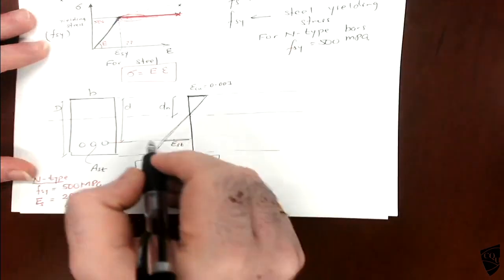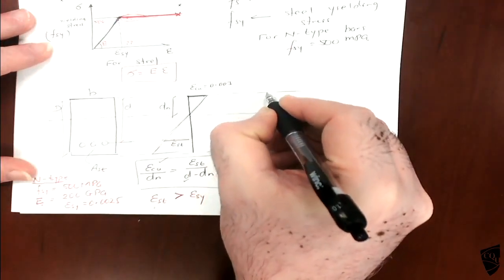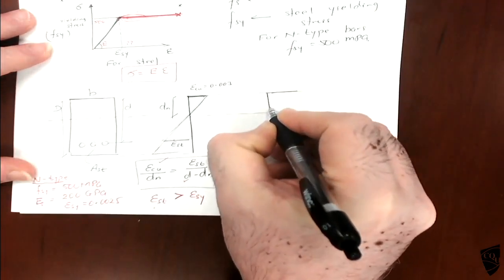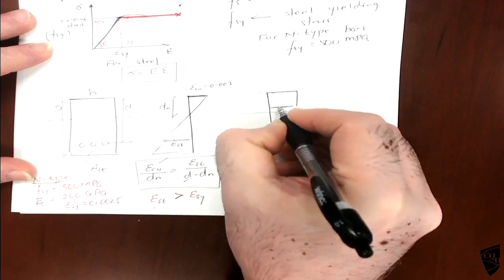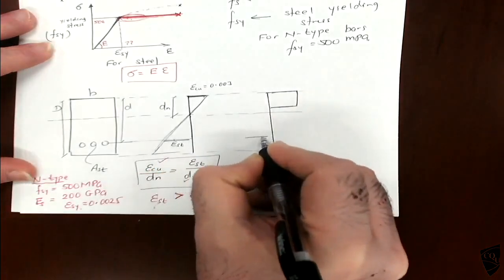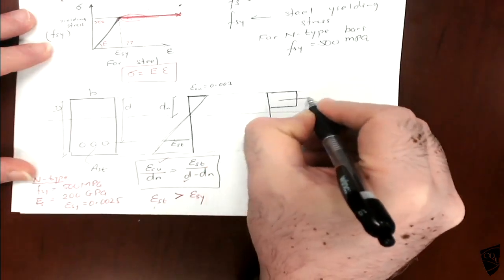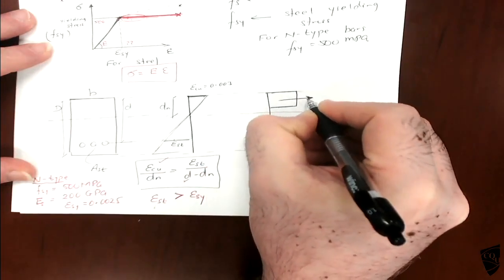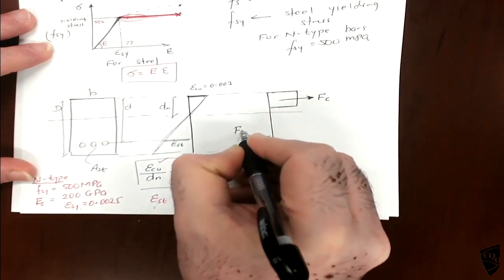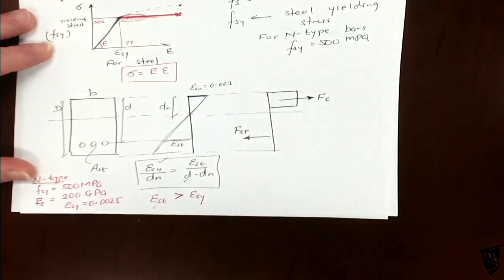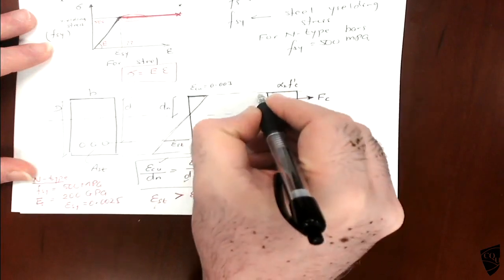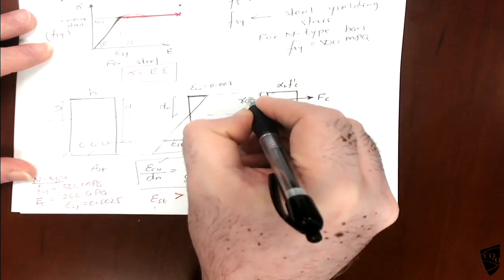So if you have the strain distribution like that, the approximate rectangular stress distribution looks like this. We have a compressive force FC, and a tensile force FST. So this is alpha 2 f dash c, this is gamma dn.